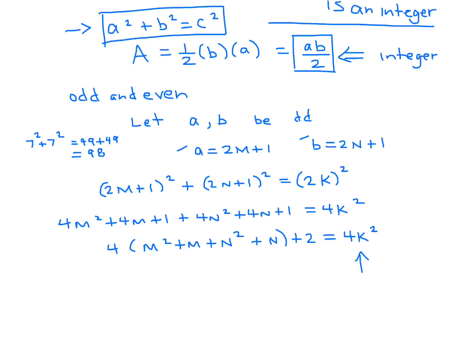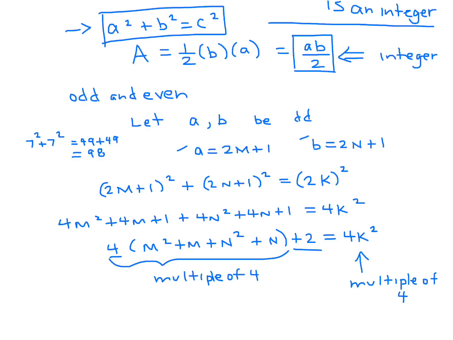All right, so that means that this number is a multiple of 4, and this is also a multiple of 4 right here, up until there, because you've got the 4 in the middle.